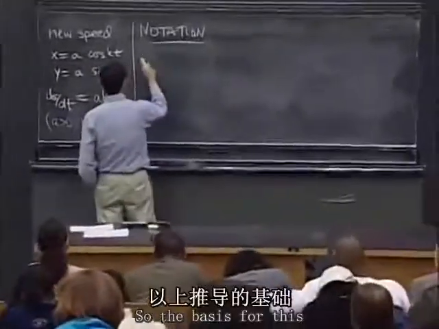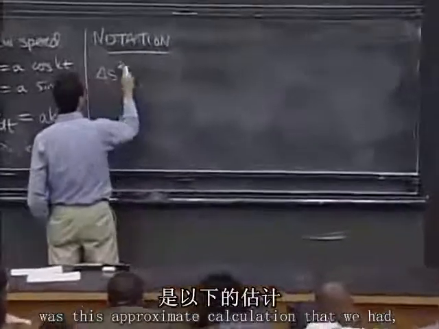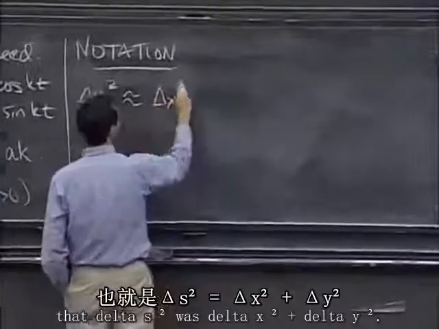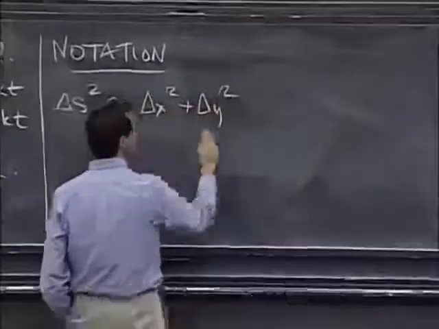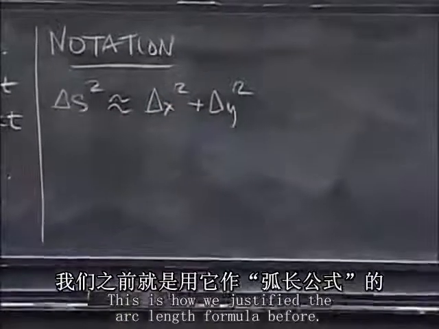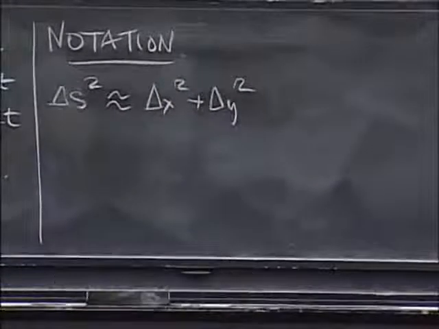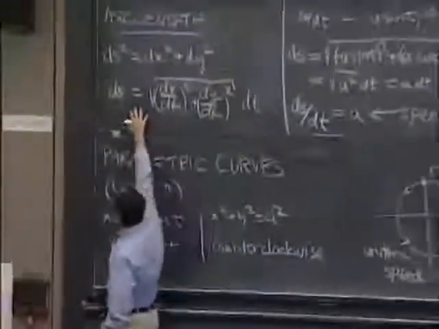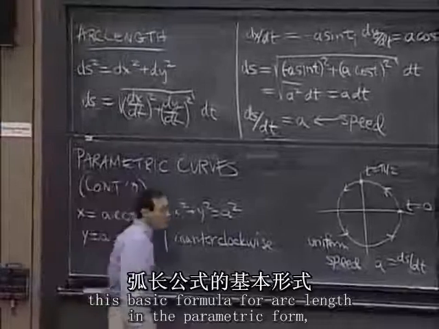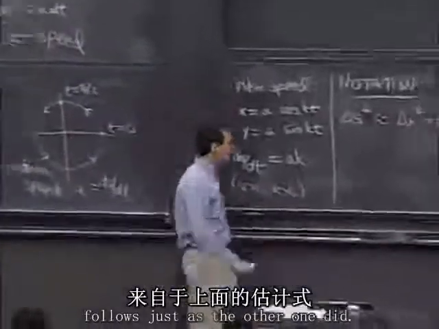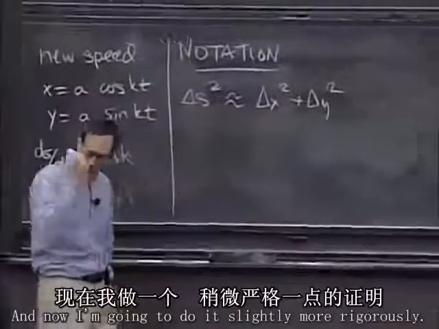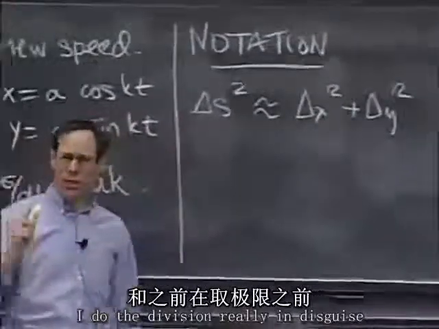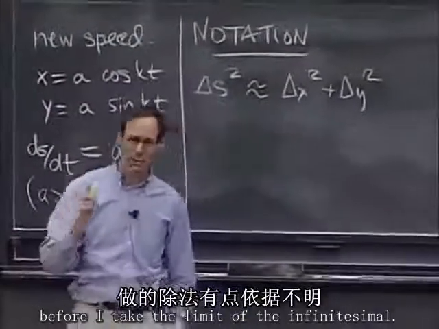So the basis for this was this approximate calculation that we had, that delta s squared was approximately delta x squared plus delta y squared. This is how we justified the arc length formula before. And let me just show you that the formula that I have up here, this basic formula for arc length in the parametric form, follows just as the other one did. And now I'm going to do it slightly more rigorously. I do the division really in disguise before I take the limit of the infinitesimal.